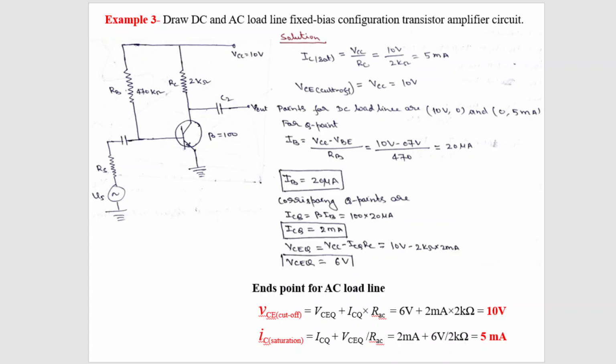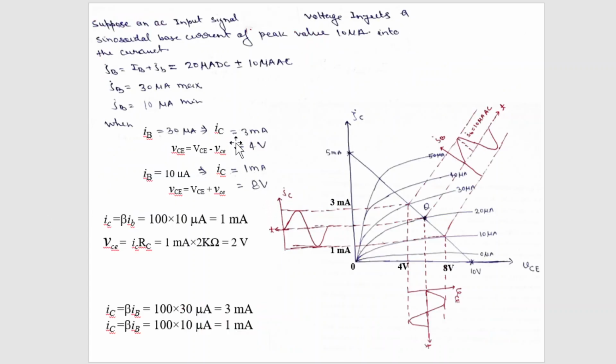So small iC will be 2 plus 1 and 2 minus 1. 2 plus 1 is 3 milliampere, 2 minus 1 is 1 milliampere. So it means the magnitude of the collector current will move from 3 milliampere to 1 milliampere sinusoidally. I believe that you understood.